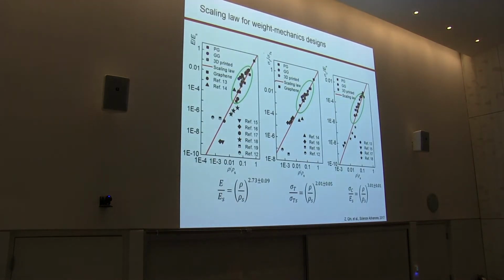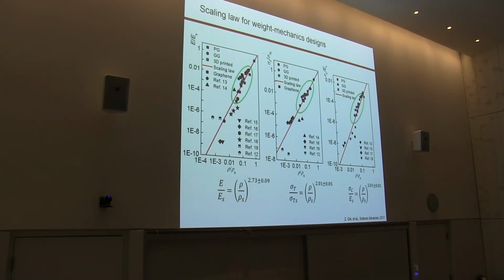And then I put both the simulation results, the red points, together with the 3D printed results, the hollow points, and develop the scaling law to see how the Young's modulus, tensile strength, and compression strength change as a function of density. I see those two materials actually follow a similar trend.